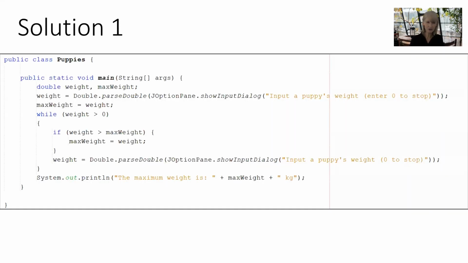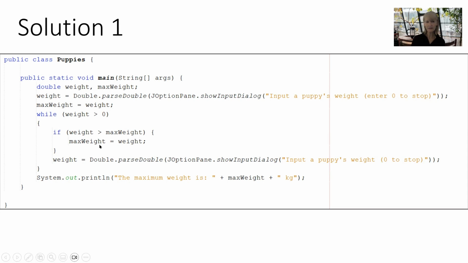And this is my solution. So I've declared double weight and max weight. We input weight equals Double.parseDouble, JOptionPane.showInputDialog, input a puppy's weight, enter 0 to stop. And max weight equals weight. So we initialize the maximum weight to the first weight that's been inputted, while the weight is greater than 0.